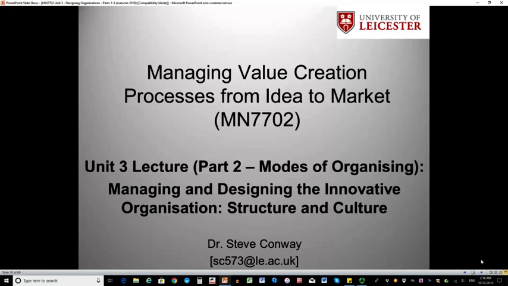Okay, so part two. I've set the scene in the first part in relation to looking at the general central problems of organising for innovation, and then I talked a bit about the importance of boundary spanning and the factors that shape boundary spanning, and how we might influence boundary spanning activity. What I want to do now is to drill down in a bit more detail into modes of organising.